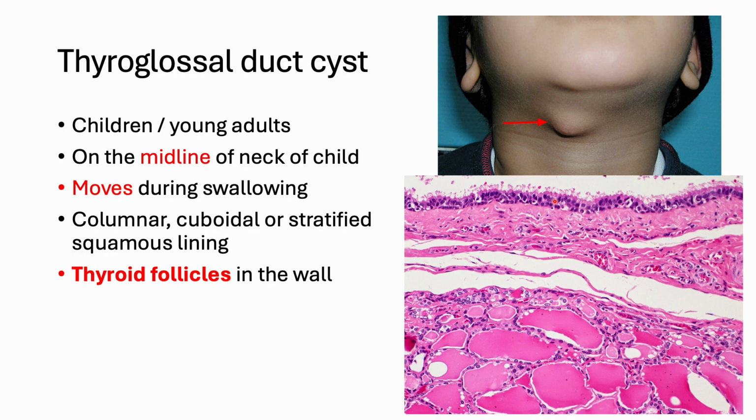But the striking thing is not the component of the cyst wall, but what is adjacent to the cyst wall. The adjacent tissue is thyroid follicles, like here. So that is the key point of this thyroglossal duct cyst.